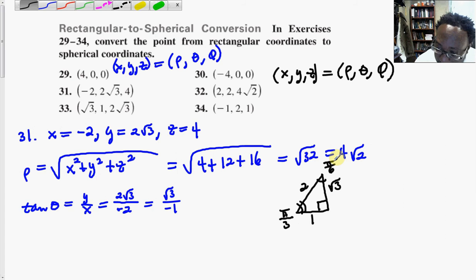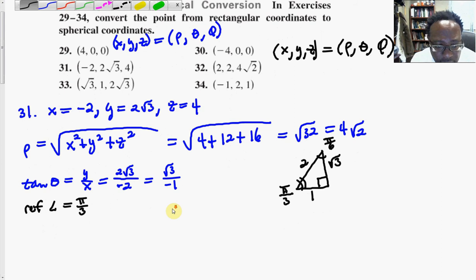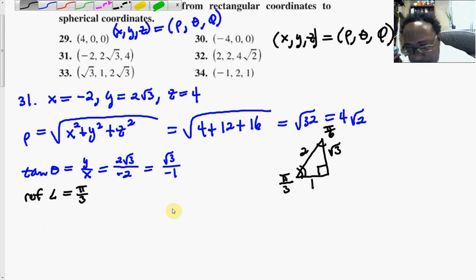And so we try to map out from here how can we form the tangent theta of the square root of 3 over 1. And so it looks like we're looking at pi over 3 as our reference angle. Because for pi over 3, the tangent of that would give us the square root of 3 over 1. We have a -1 there, so the reference angle is not the true angle.